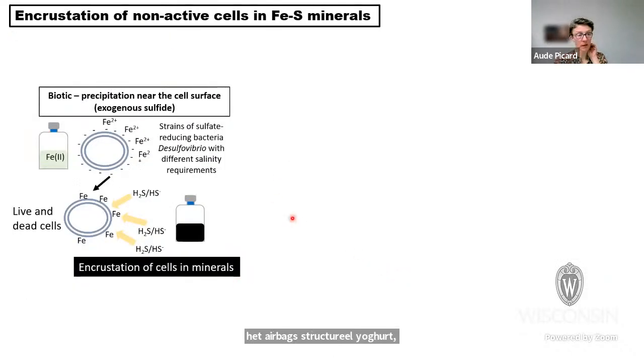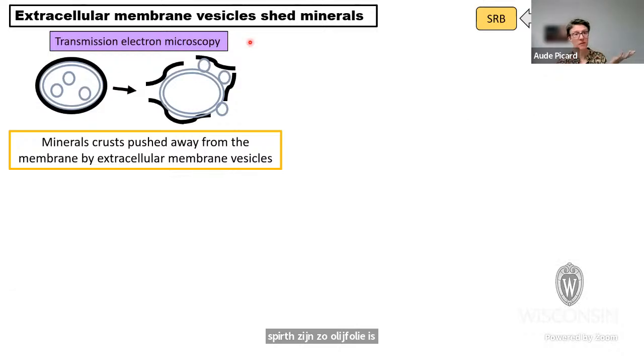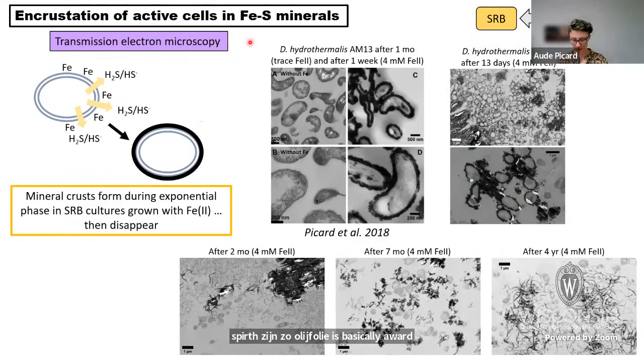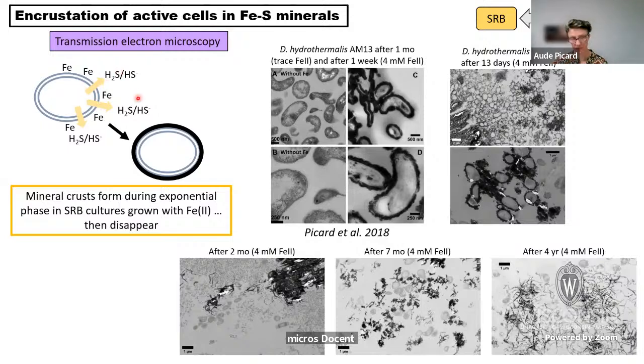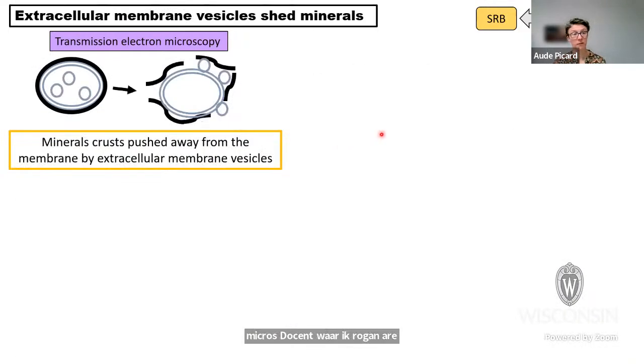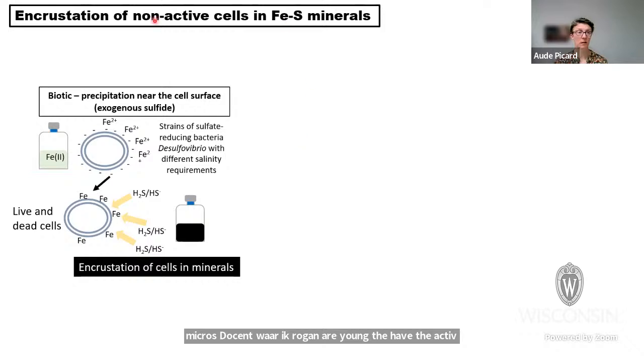So what I showed you is basically encrustation of live cells. If I quickly go through my system here, I have my conditions where they grow with iron, but they're active, they reduce sulfate to sulfide, so they are metabolically active. We also tested if non-active cells were getting encrusted.